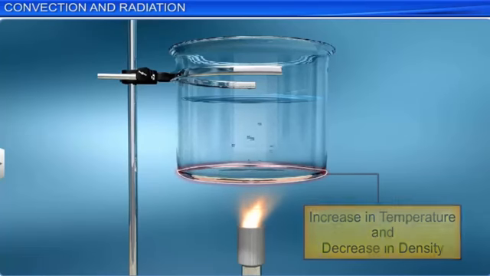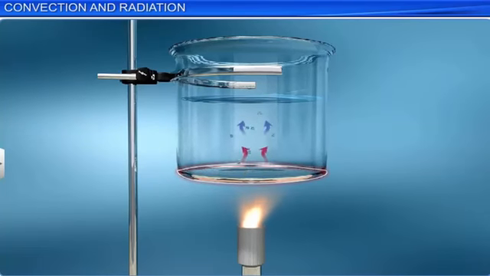This low-density warm water is lifted up towards the surface due to buoyancy, and the denser cold water moves down and comes into direct contact with the hot base of the container. Once again, the water in contact with the base of the container becomes hot and is replaced by a colder part of the water in the container. This way, all the water gets heated.